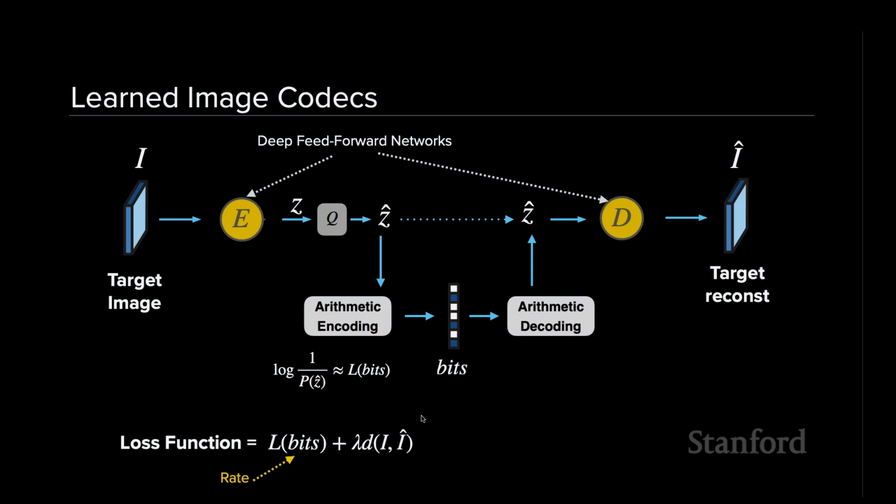The other thing you want to minimize is the length of the bit stream in the middle. And we know that we can approximate the bit stream length by log 1 over P of Z hat. So this is one very obvious loss function which we can use to train this network, backpropagating and using gradients.